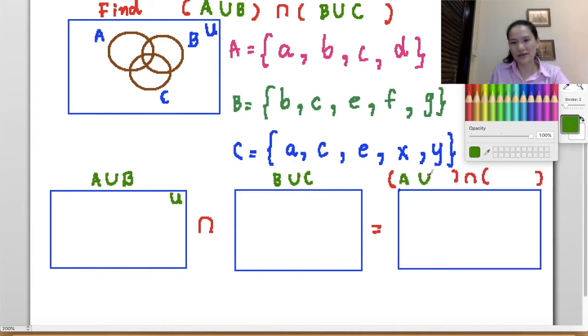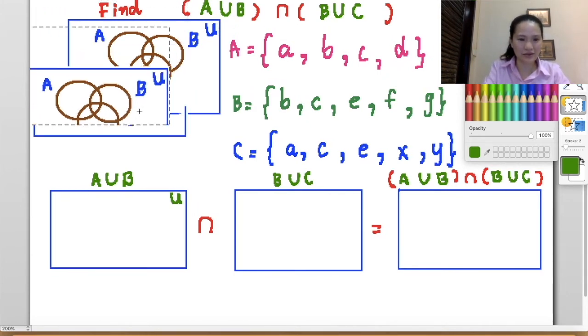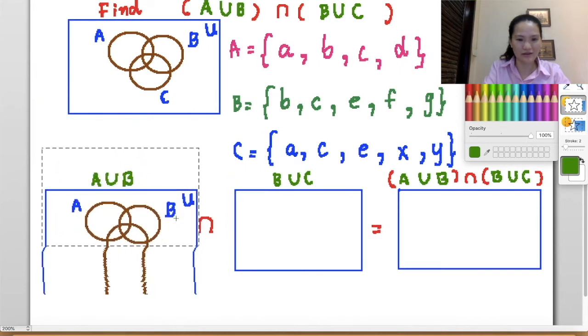A union B and B union C. Alright, okay, let's try to do it together. I'm going to write out this one. Let's see, what can I have? How about I do this? Ctrl C, Ctrl V, I could get them here.